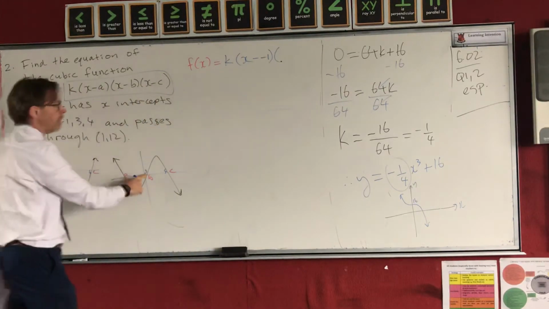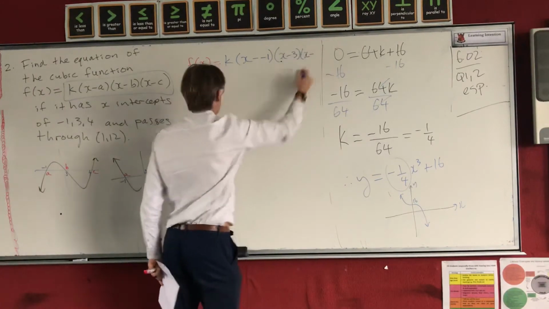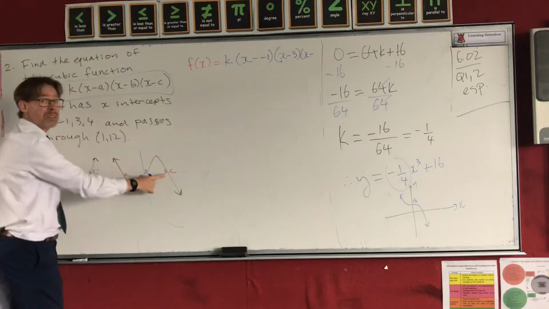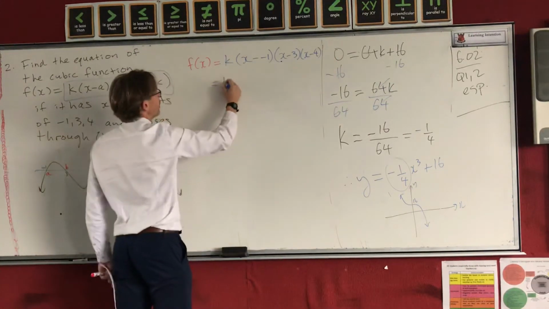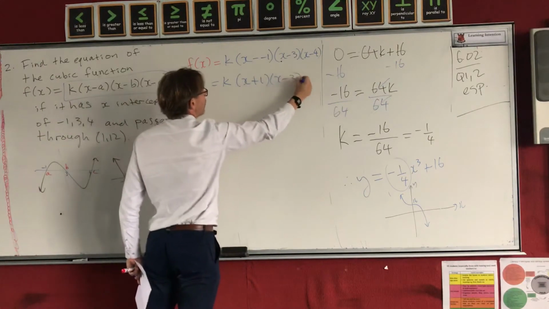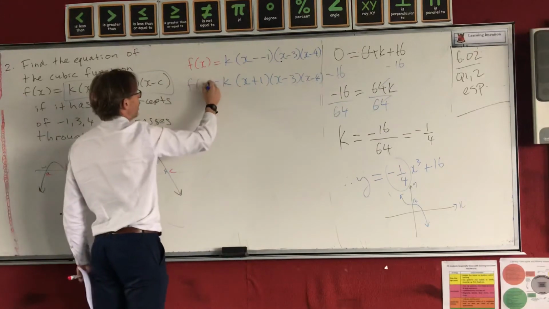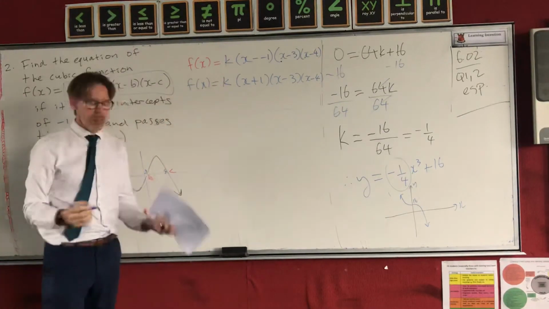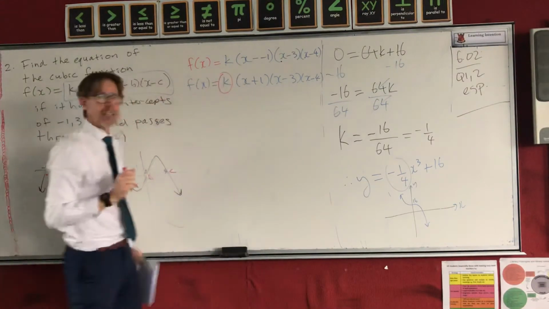B is 3, so x minus 3. And then C is 4, so x minus 4. So we get k(x plus 1)(x minus 3)(x minus 4), and that's equal to f of x.